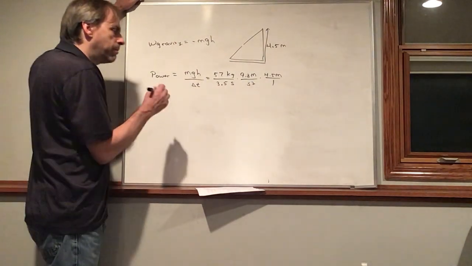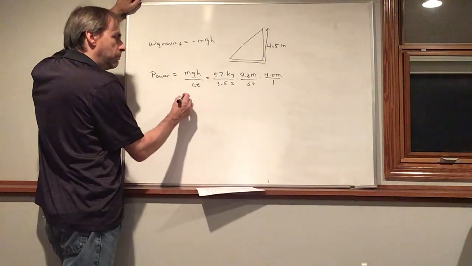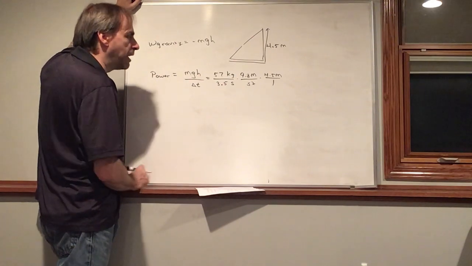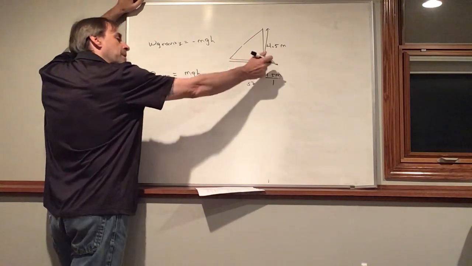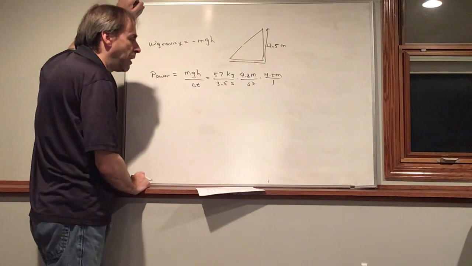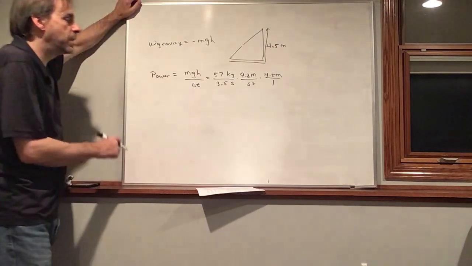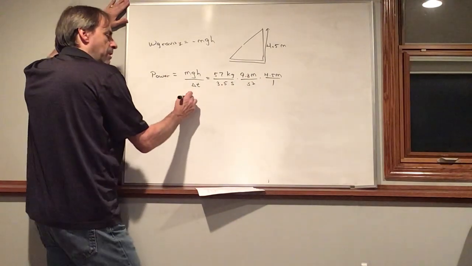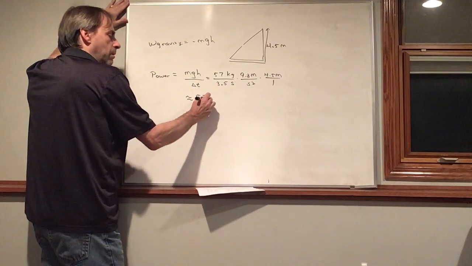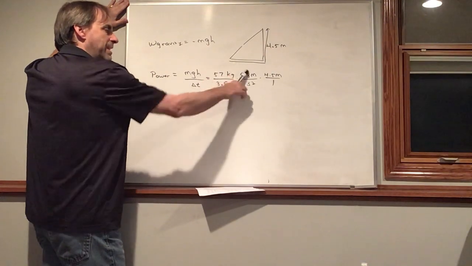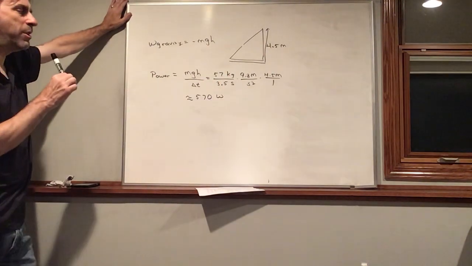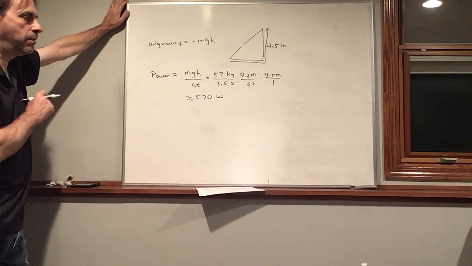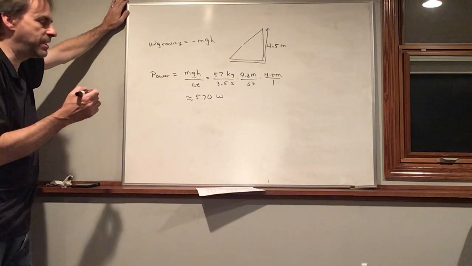So, let's see. I'm just going to approximate this. You shouldn't have any trouble getting the actual number. Just 57 times 9.8 times 4.5 divided by 3.5. See if I can approximate this though. This will be around 570. And then 4.5 over 3.5, that's around, say, 1.3.